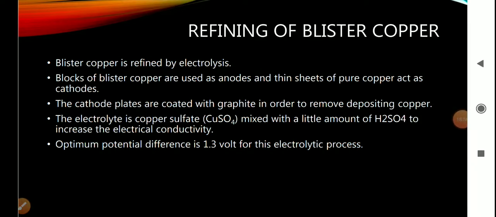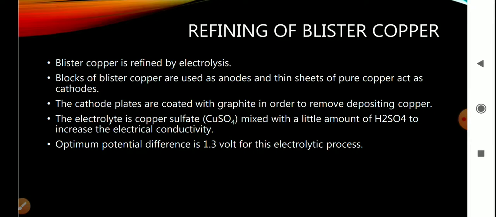Due to the passage of electricity, Cu2+ will be deposited on the cathode, and from the blister copper, that is from the anode, the copper will go into the solution as Cu2+. So time by time the thickness of the anode will decrease and the thickness of the copper in the cathode will increase.